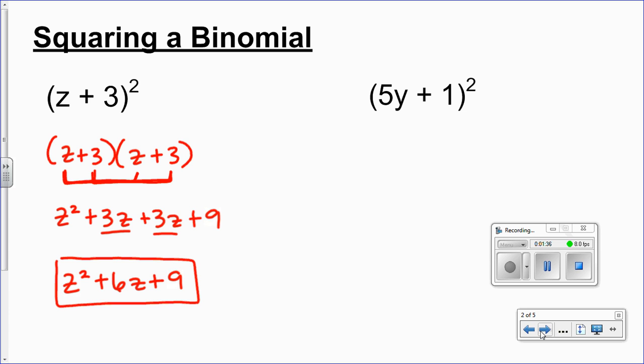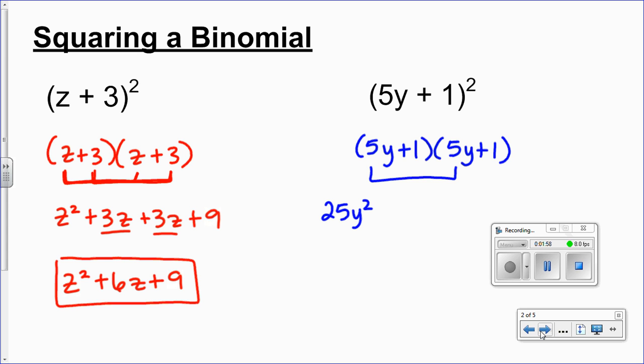Okay, why don't you pause it, work this next example out, and then check your work. Write it twice, and then use FOIL. That would be 25y squared. 5y times 1 would be 5y. 1 times 5y would be 5y.